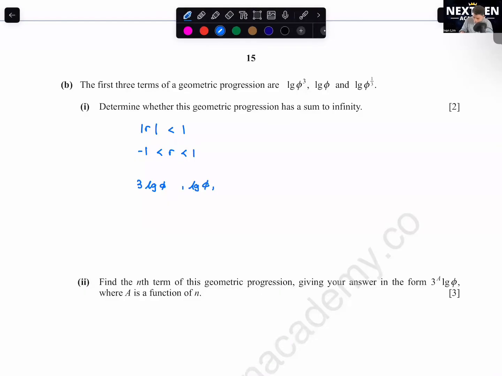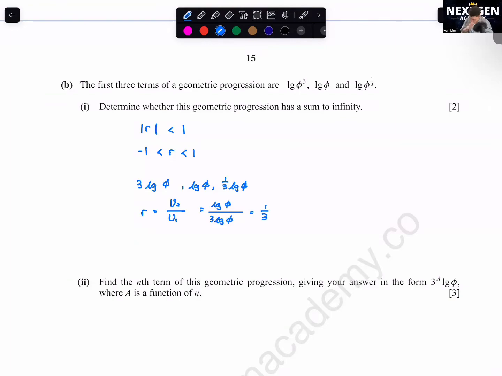Okay, the value of the term, log 5. I am going to find my r. I'm going to take the second term divided by my first term. So it's log 5 over 3 log 5, which is equal to 1 over 3.